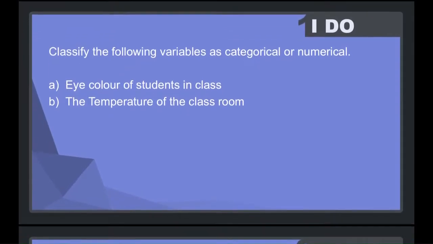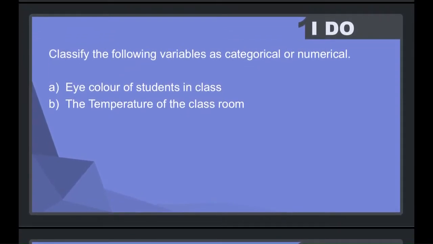First one, I'm going to do this one. We're going to classify these things as either categorical or numerical. The first one, eye color of students in a class, it's breaking things down into groups. Therefore, it is categorical. You've got a bunch of different categories like blue, brown, hazel, green.